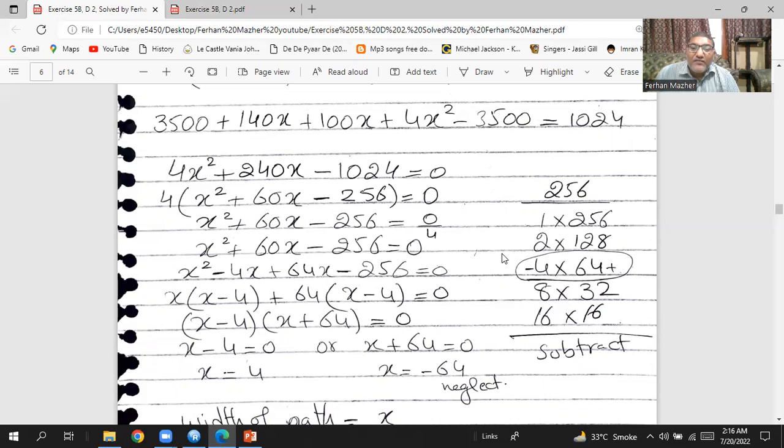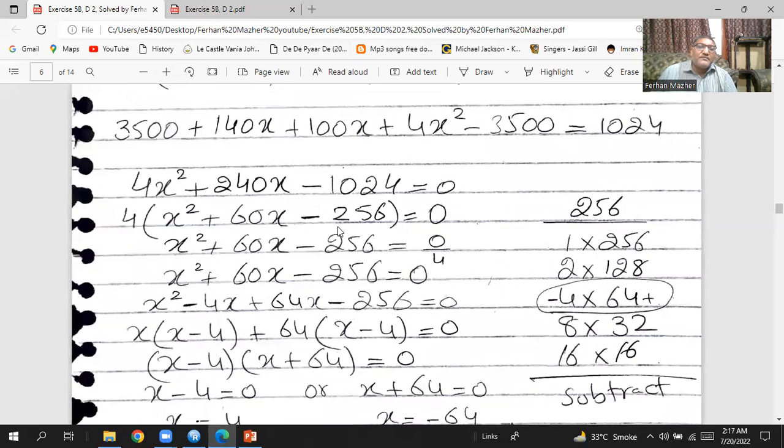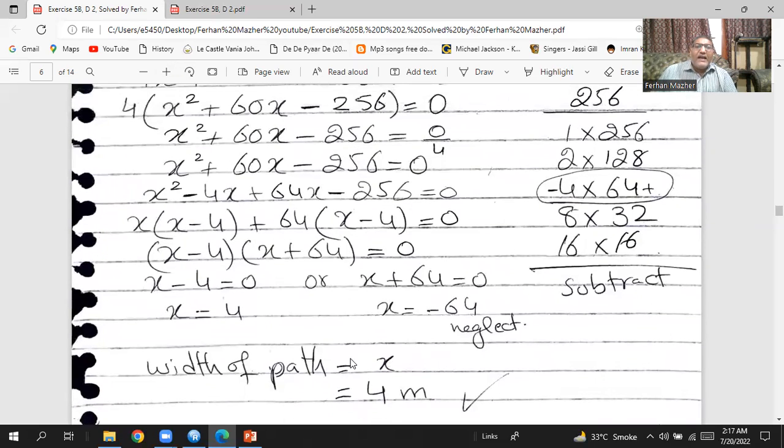So 64 and 4 is the right pair. Because you want positive 60 as the answer, with the larger number I will put the positive sign, and with the smaller number the negative sign. So I will do the midterm breaking here. We will have x square minus 4x plus 64x minus 256 equals 0.